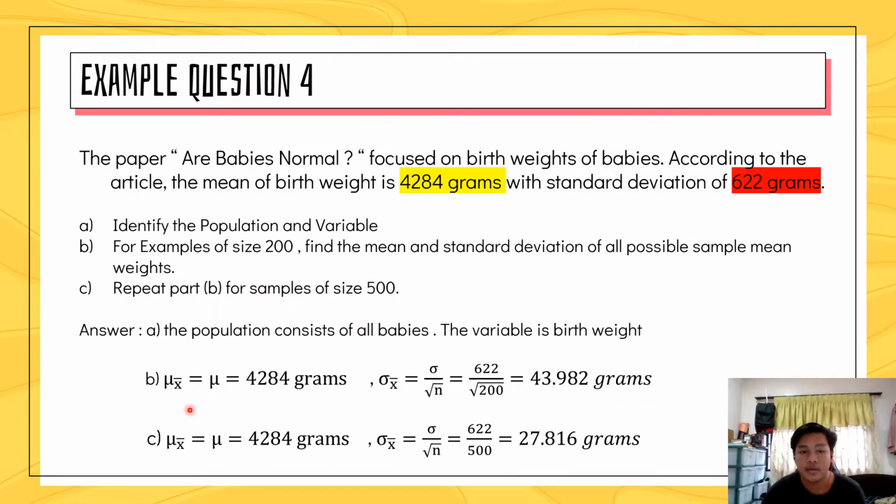We got that the mean of the sample mean is 4,284 grams, and then the standard deviation of the sample mean is 43.982 grams.